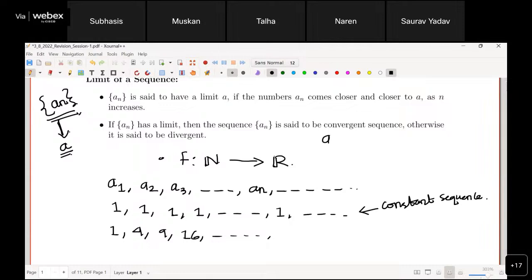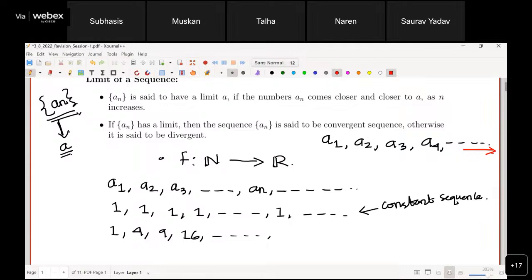That means if you take a1, a2, a3, a4, as the sequence goes on, all the terms of this sequence will come closer and closer to a. Then only you can say that the limit of the sequence is a.